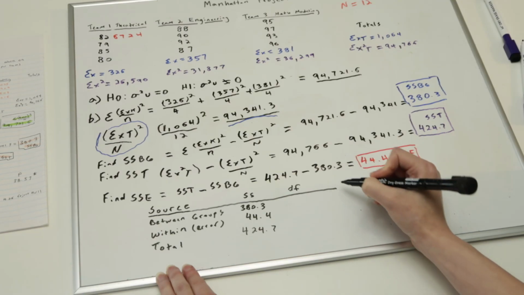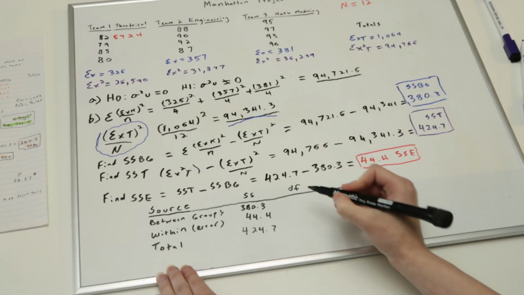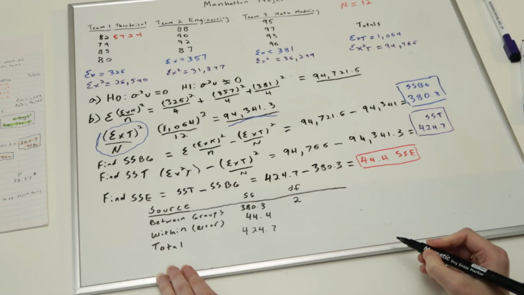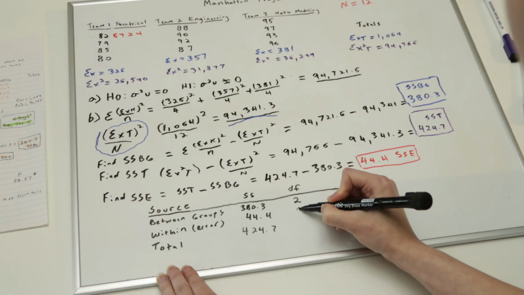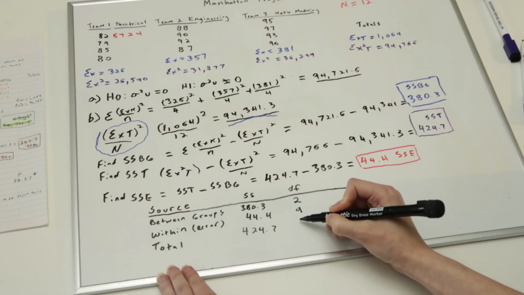Now we've got the degrees of freedom, for between groups we have 2, 9, and 11.